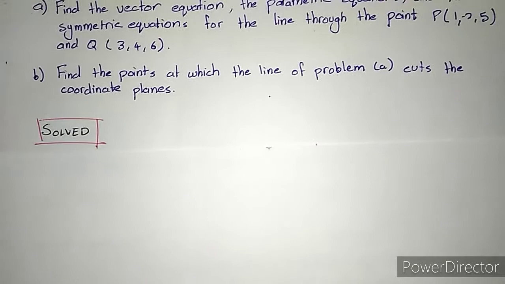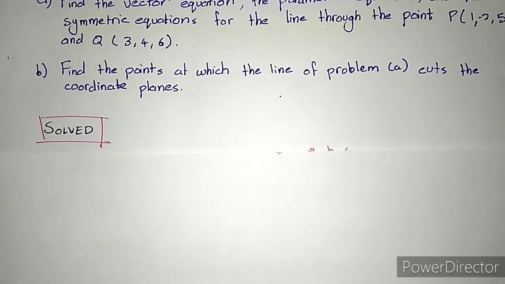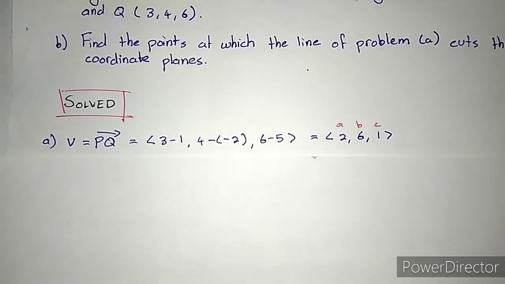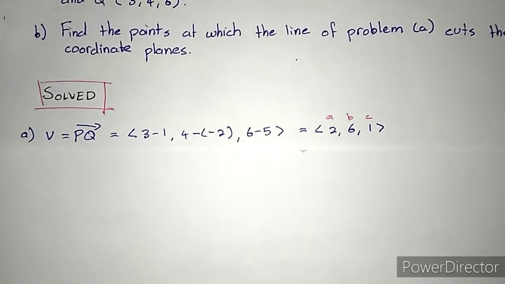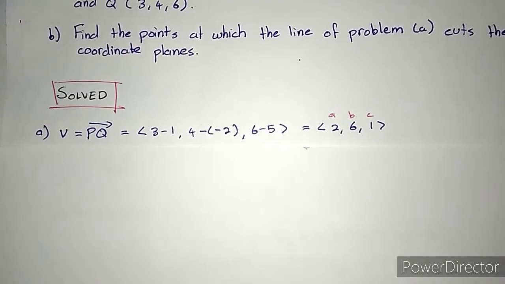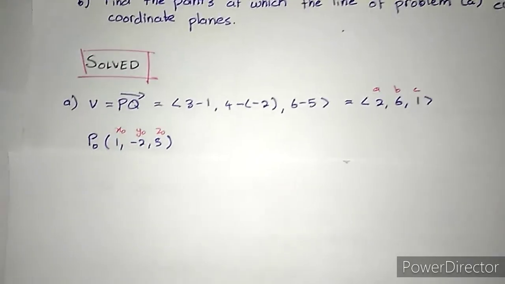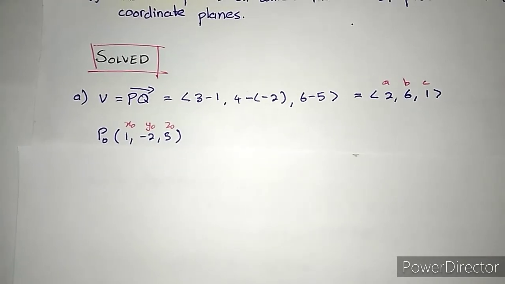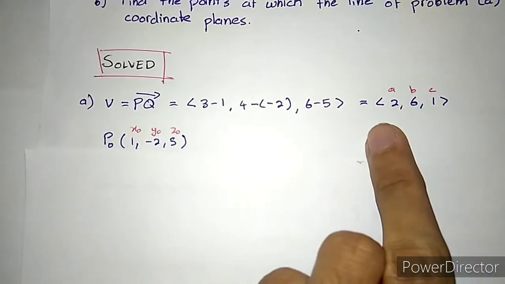Our direction vector will be vector PQ, the difference between points Q and P, which gives us 2, 6, and 1. Let's say point P is our standard point, so x0, y0, and z0 is 1, -2, 5, and the direction is a, b, c.